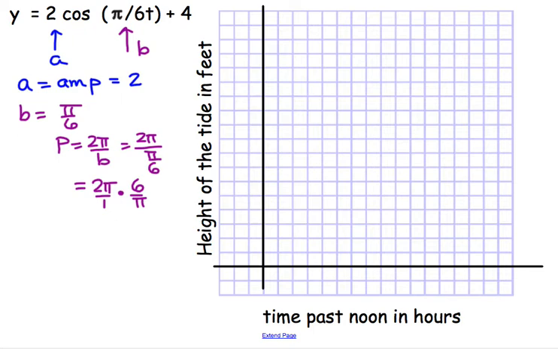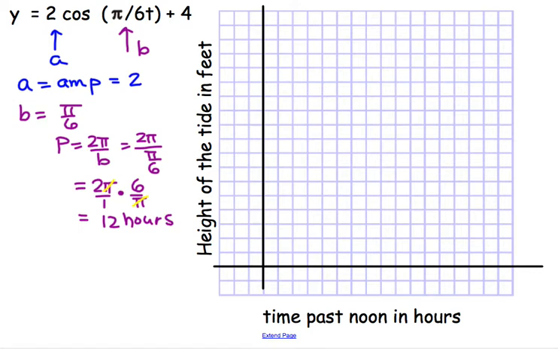Now you'll notice the pi's are going to cancel. We multiply across, and we get 12. So the length of our revolution in time, in hours, is 12 hours. So one revolution is 12 hours.